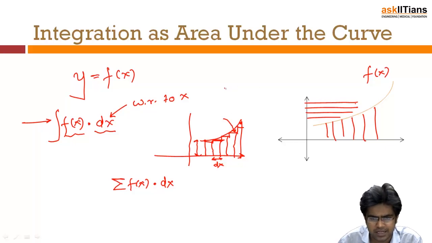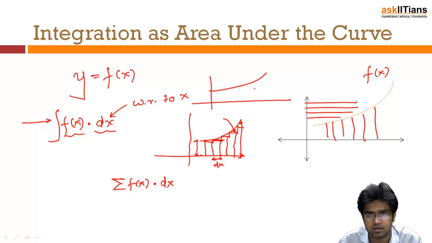In order to remove this error, I am going to say, okay, wait, let's reduce the width. If the width is reduced, then these small portions will be negligible, very small. But still there is an error. Although it's small, there is still an error.